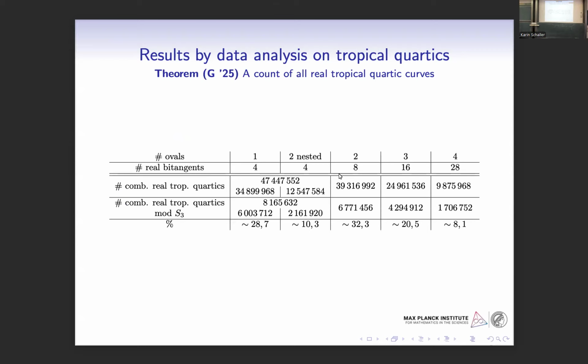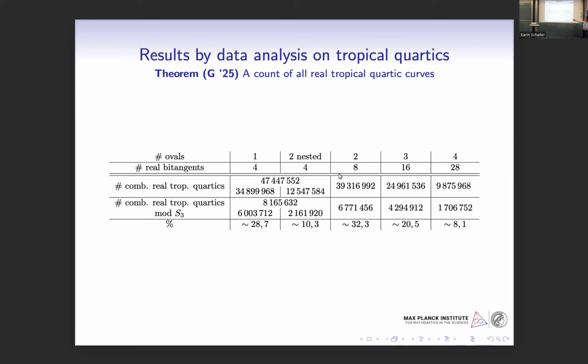This table basically is the theorem. So we have all these ovals and real bitangents. Topologically, we see 1, 2 nested, 2, 3, 4, and the corresponding number of real bitangents. And then these big numbers below tell you how many combinatorial types of real tropical quartics achieve this real topology.